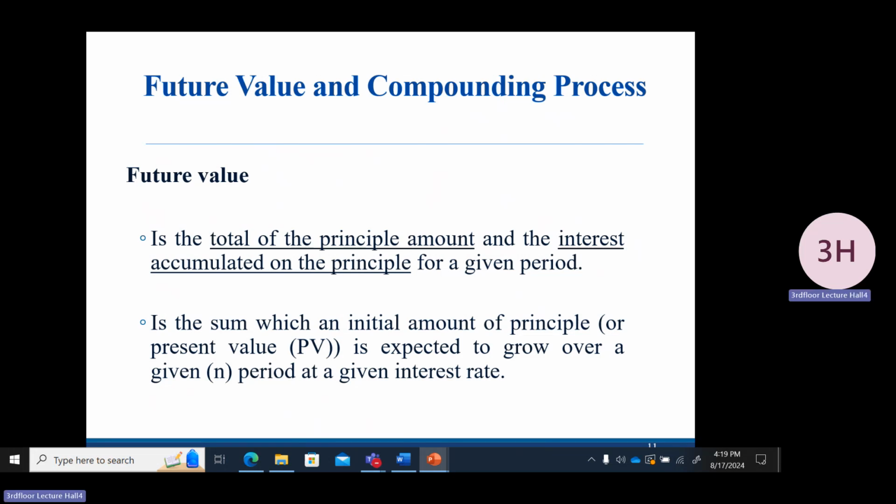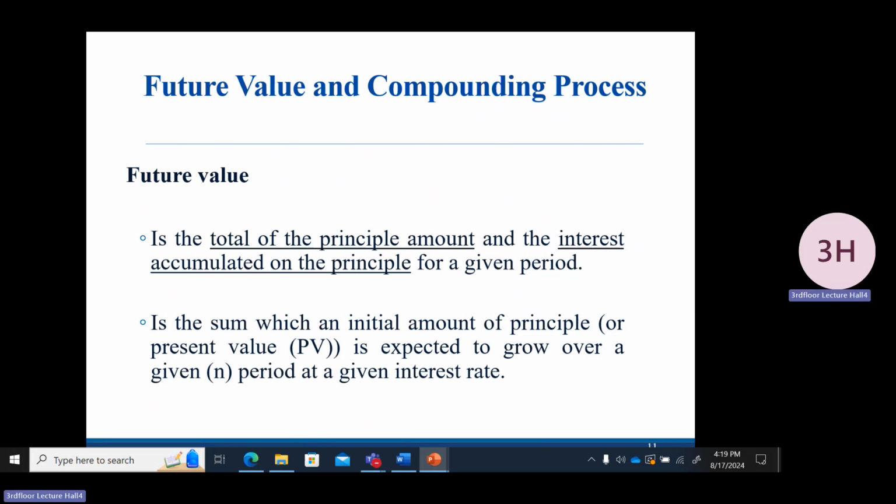At the end of year 1, for this 1,000, you are getting 10%. 1,000 times 10% means 100, so you will get interest of 100, and at the end of year 1 you have 1,100. Then in year 2, the beginning balance is 1,100.